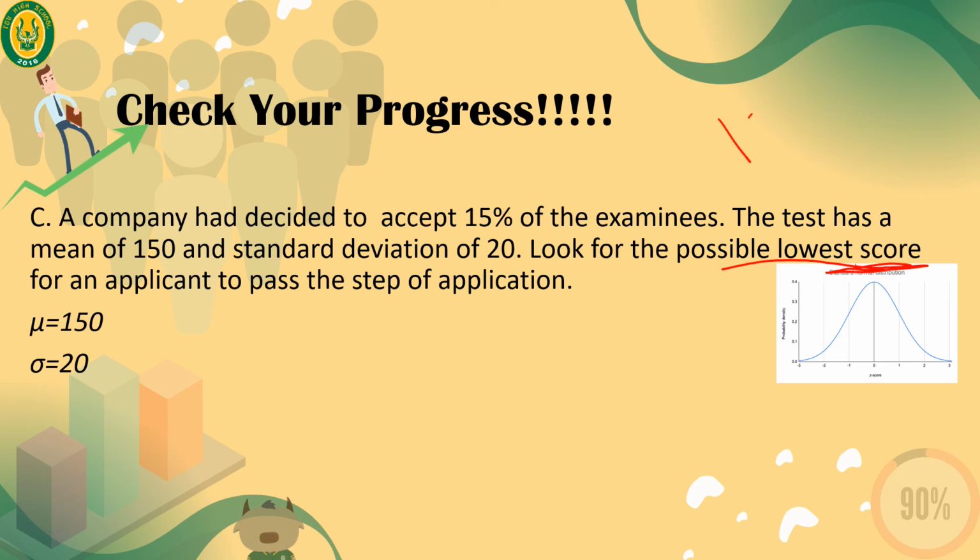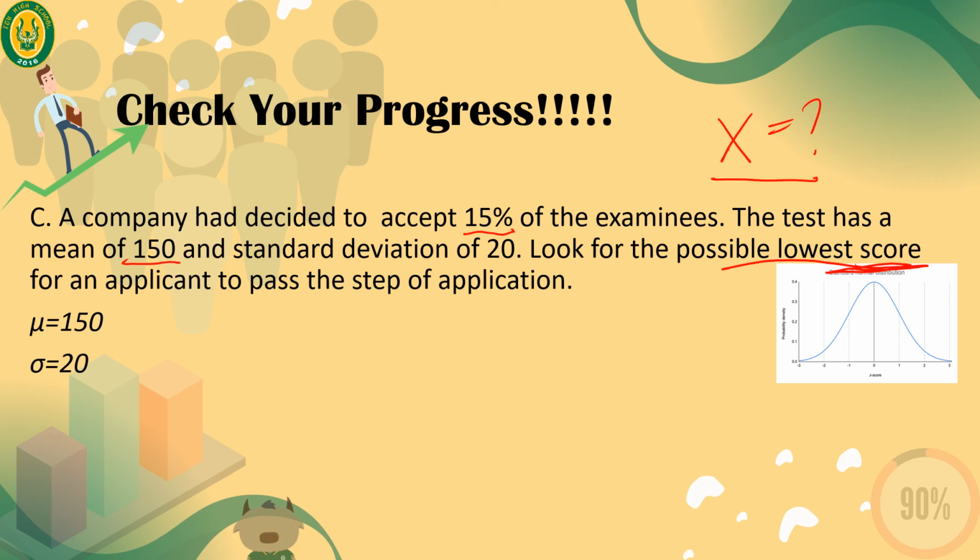So you are also solving for x, and this x value represents the lowest possible score that an applicant must get in order to get into the company. Okay, once the applicant achieves this x score, or maybe more than this x score, he or she belongs to the 15%.